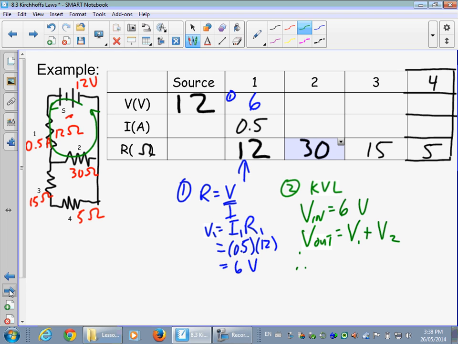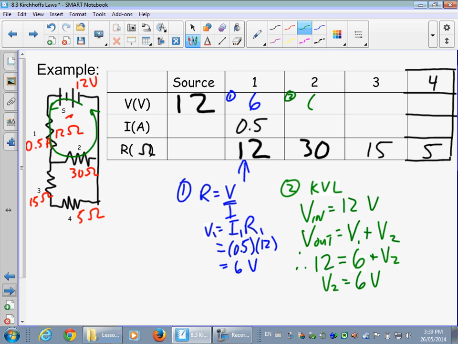Oh sorry, that's 12 volts in the battery. Thanks for pointing that out. So 12 volts is equal to the 6 volts that we calculated for V1 plus V2. Therefore, V2 must be equal to 6 volts. So that's the second part. The fact that those are both 6 is kind of a coincidence. That's just the way it turned out, but those are not always going to be equal. So that's one thing that we could have done.